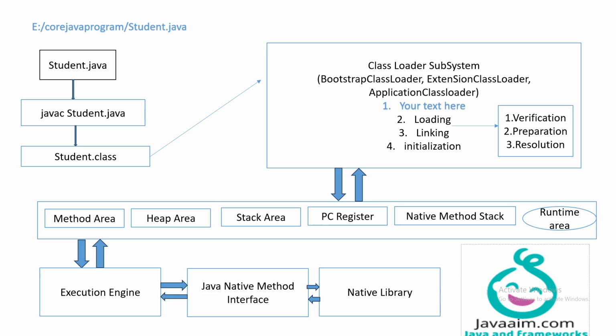Let us say I have a user defined or class type variable. What value will it get? It will get null. So in the preparation phase, it will allocate memory for all declared class level static variables and assign default values according to the variable's data type.